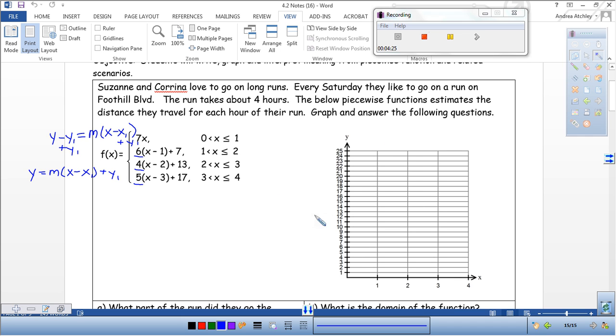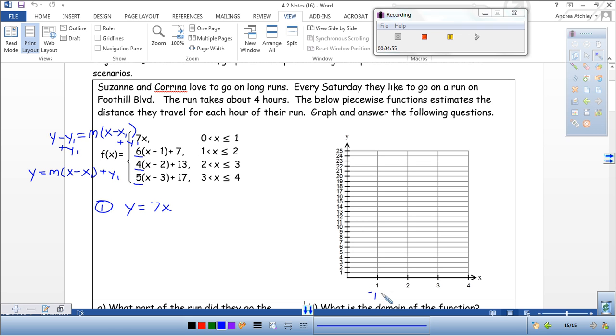Okay, so we're going to graph those lines. Let's start with the first one. The first one is just y equals 7x. Since we're talking about running, when I'm starting to run, what's the time when I start? 0, okay?